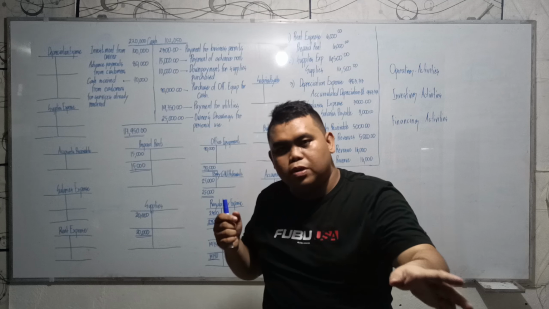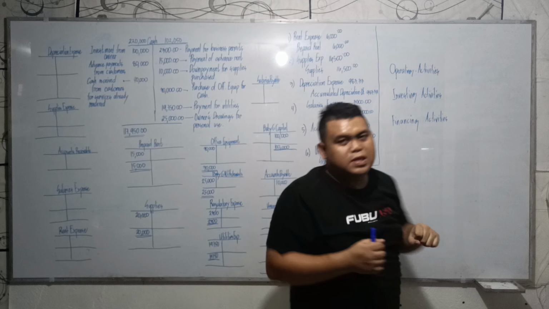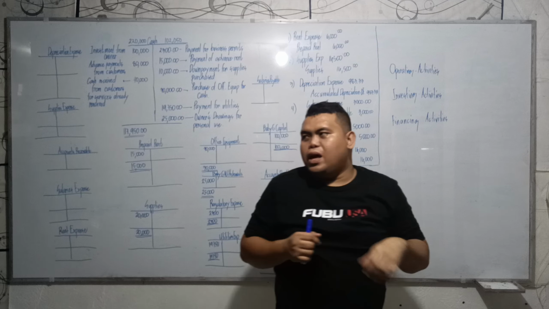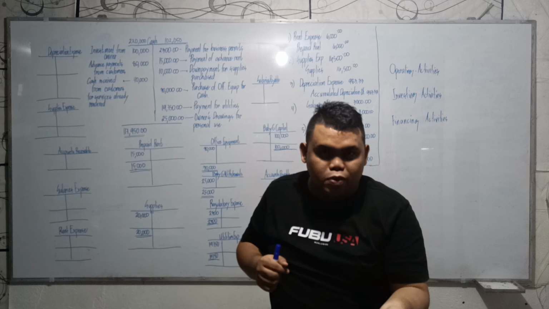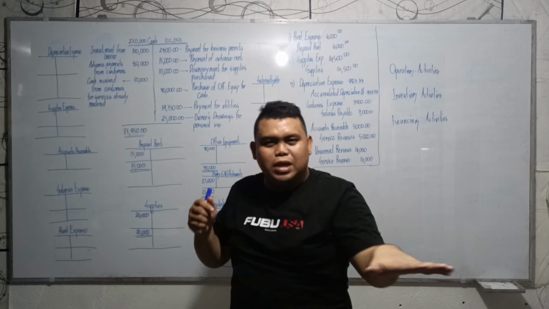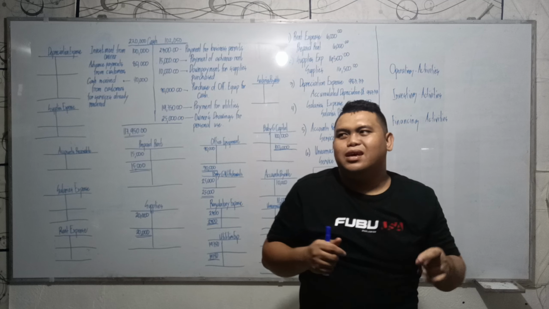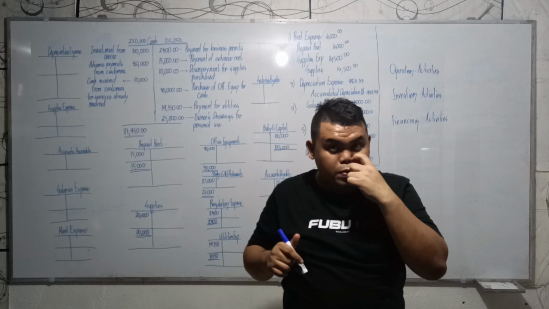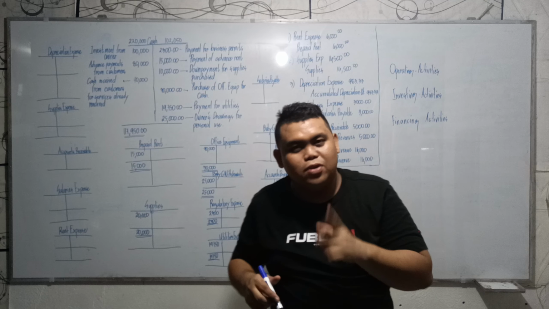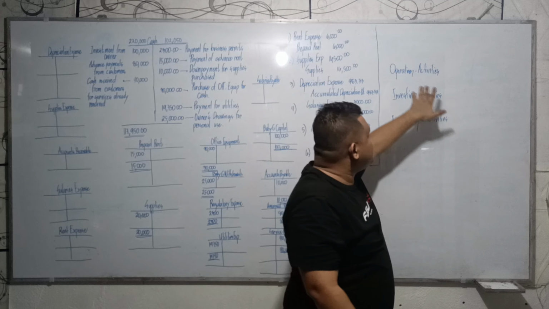If the customer pays for the fried chicken, that's a cash inflow under operating activities. And if you are going to buy chicken, because what are you going to sell if you don't buy, right? If you buy some chicken and other ingredients, there will be a cash outflow. That cash outflow is related to operating activities also. It's as simple as that.